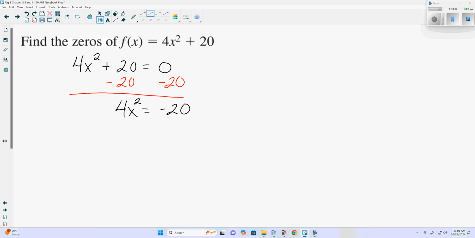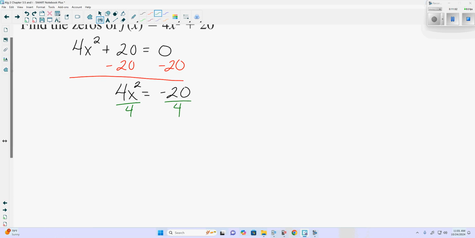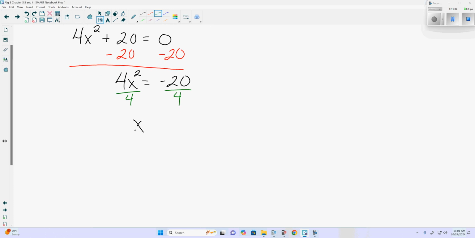So we're going to use the square root method by first subtracting 20 from both sides. And we'll divide both sides by 4. Telling us that x squared is equal to negative 5. So that got our square term by itself.